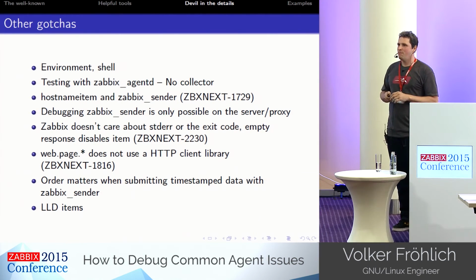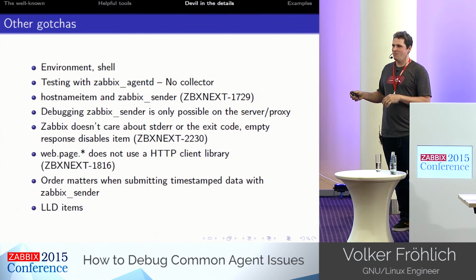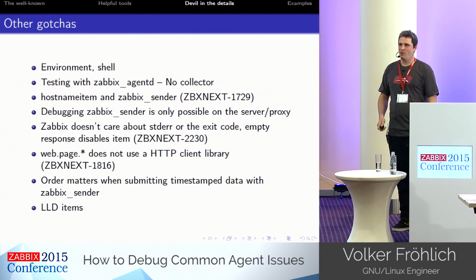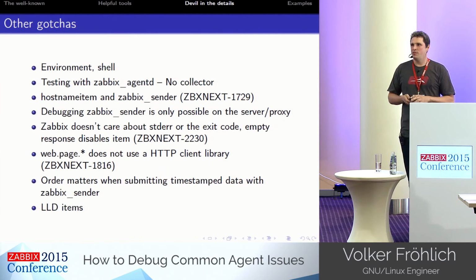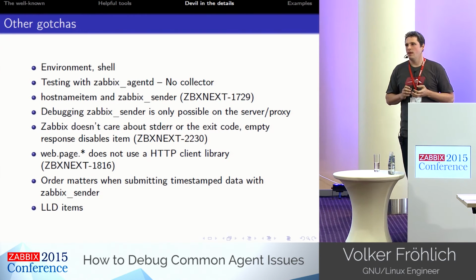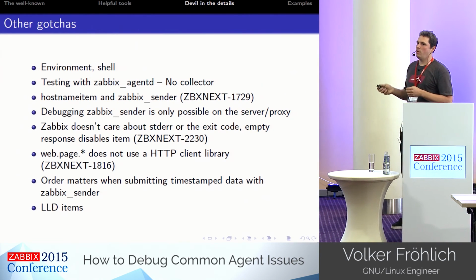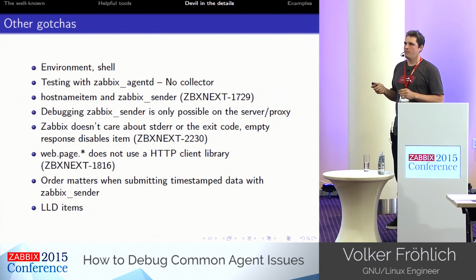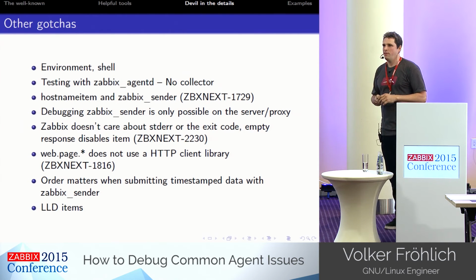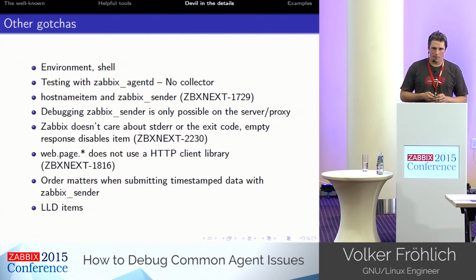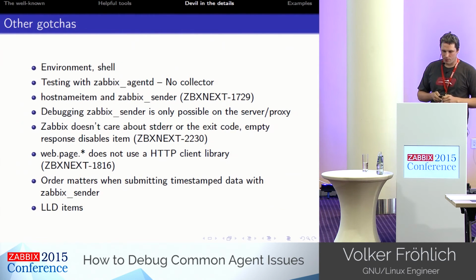But if you invoke bash as sh, it's in a compatibility mode, and your bash-specific constructs just won't work. Another interesting thing is the environment. The environment is basically dependent on what environment the agent has. You can check that in procfs easily, but you may find less than you expect.